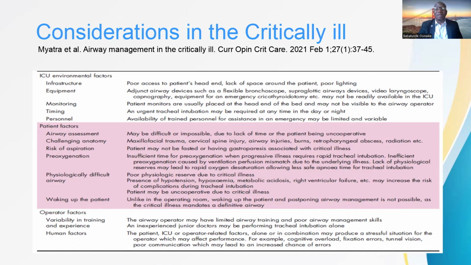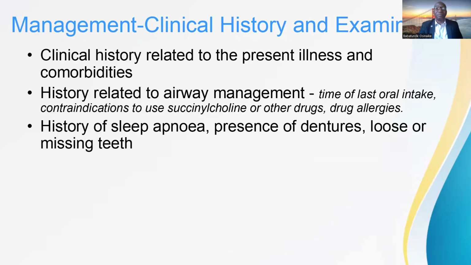Training in airway management is not like that of the anesthetists. Intensivists are not as vast when it comes to airway management compared to someone who is purely an anesthetist. That is why it's an advantage to be an anesthetist and also work in the ICU. It's really an advantage.